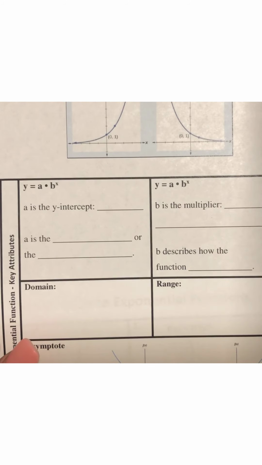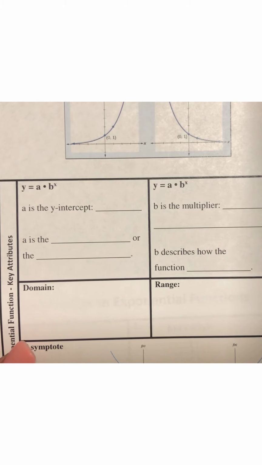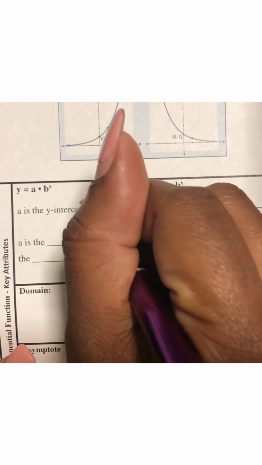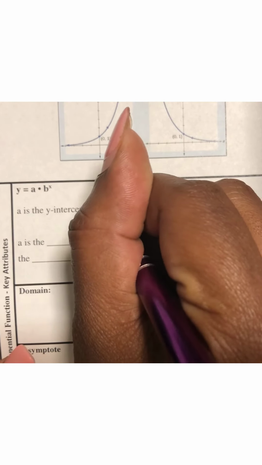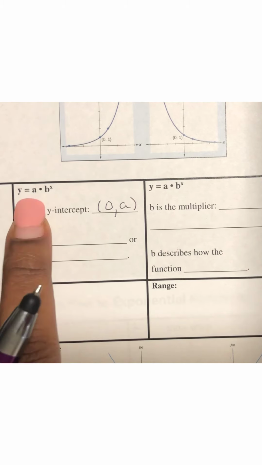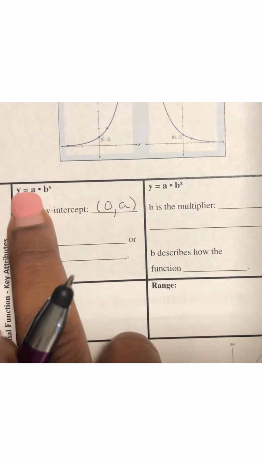Now, let's go a little further into y equals a times b to the x. A is the y-intercept. So, the y-intercept is going to look like (0, a). Remember, this is an ordered pair. So, for it to be the y-intercept, x has to equal 0, and whatever number a is represents the y-intercept, meaning that your graph will touch the y-axis at a.